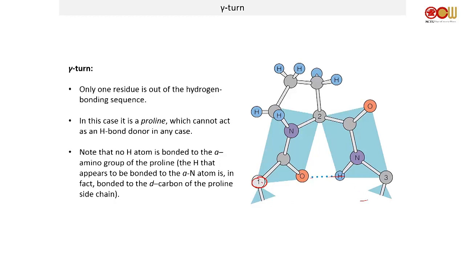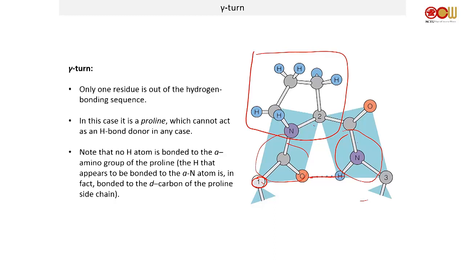One amino acid residue right here could be whatever. Then all you have is 1 proline, and this is amino acid residue 3. So 1 and 3 have the hydrogen bond, and then you have 1 residue that is out of the hydrogen bonding sequence, in this case, proline.